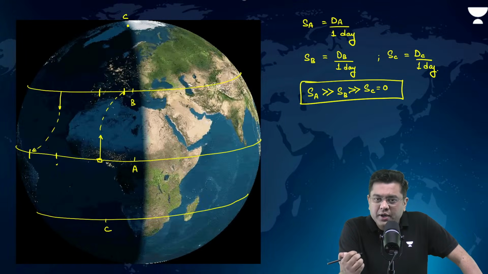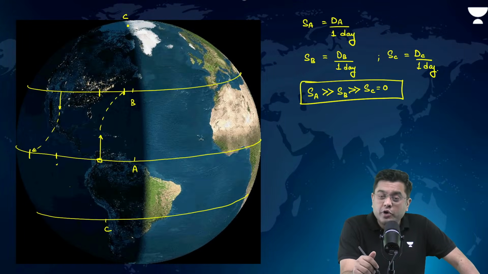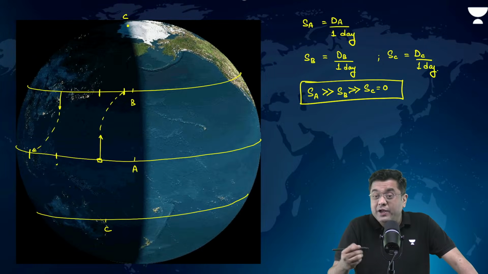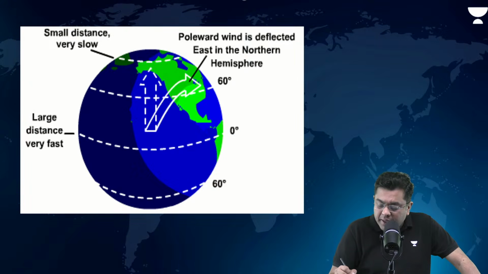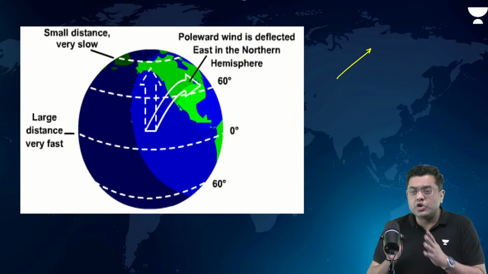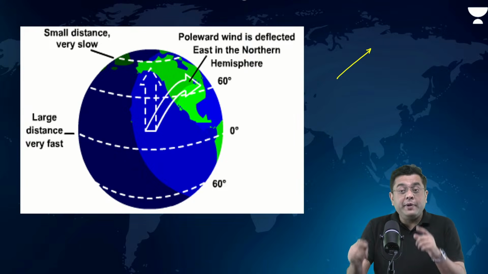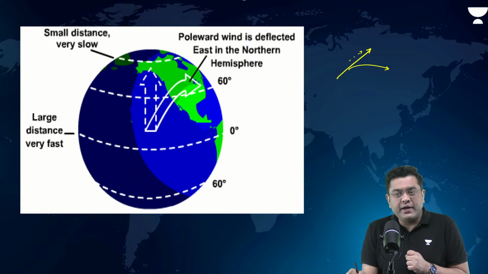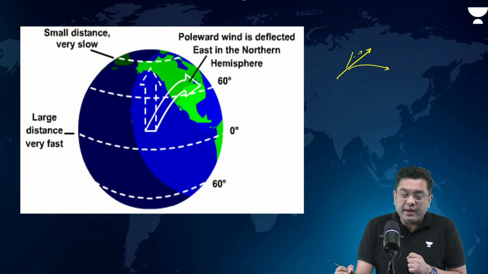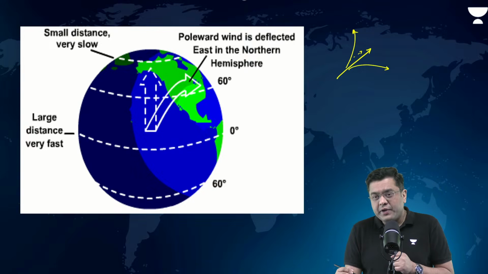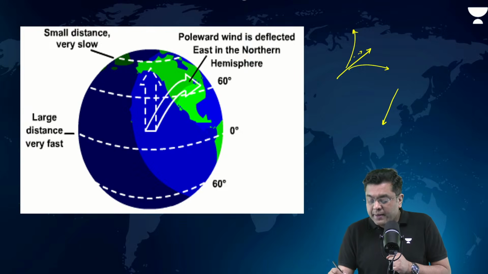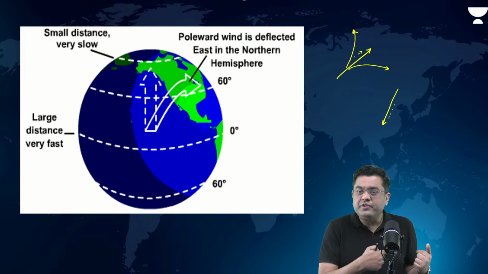Rightward deviation. How do we know whether it is a rightward or a leftward deviation? Whenever you have to understand whether it is a rightward deviation or a leftward deviation, always consider the direction of the wind. Imagine yourself to be looking towards the direction of the wind. So you are looking in this direction. Then your right hand side will be the rightward deviation. Your left hand side will be your leftward deviation, right? So if a wind is moving like this, imagine yourself looking towards this direction.